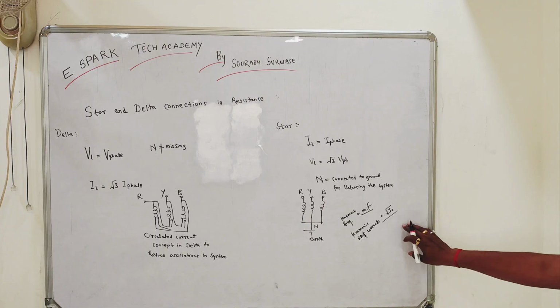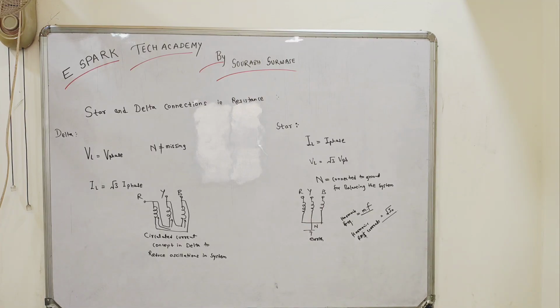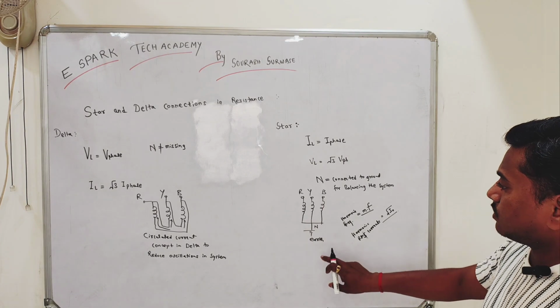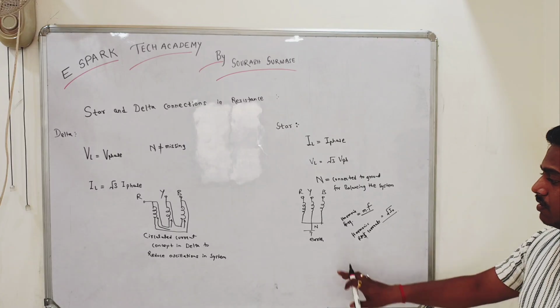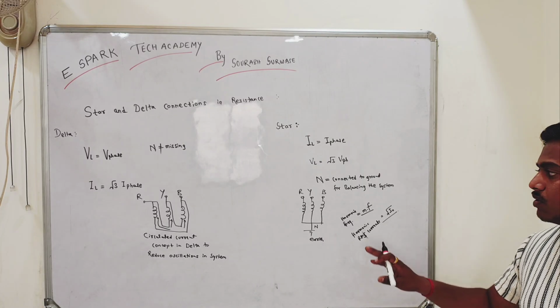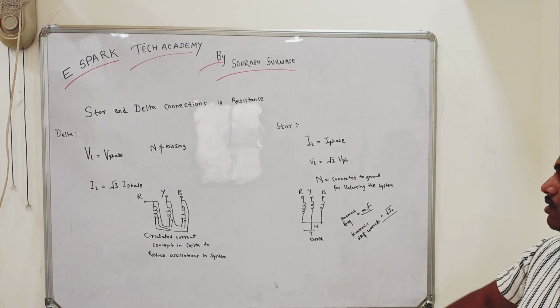Harmonic currents will be present if you keep this unearthed. That's why we always connect the neutral to earth in any equipment or transformer winding connection.